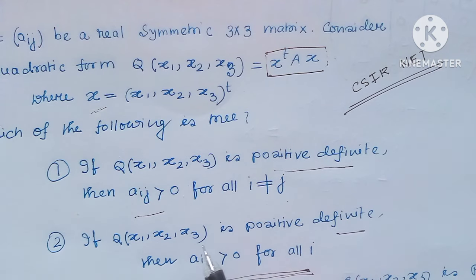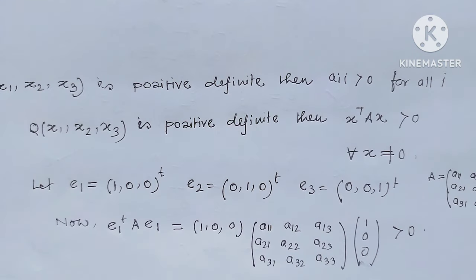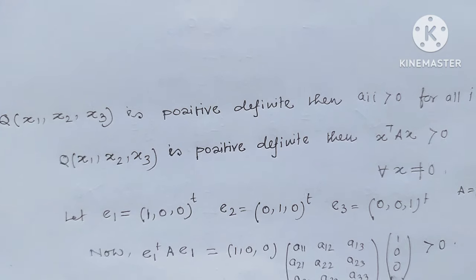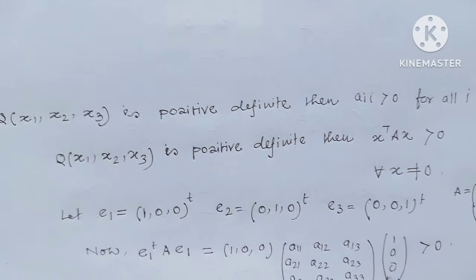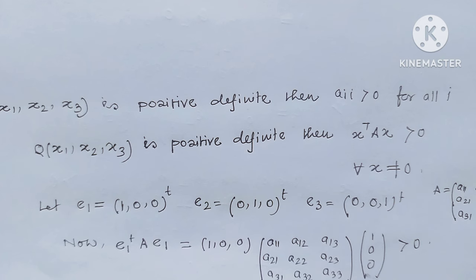I hope all my viewers have understood the question. All of us know this result: if the quadratic form is positive definite, then always the diagonal elements aii are greater than 0 for all i.